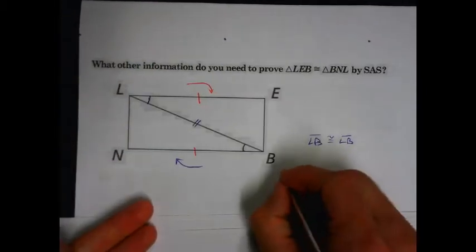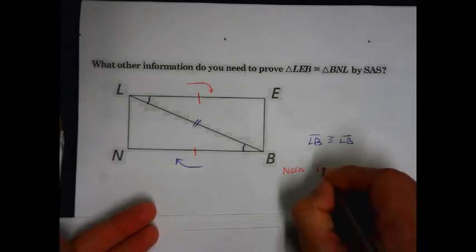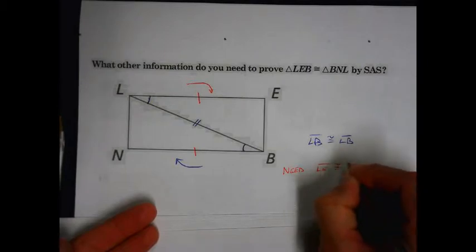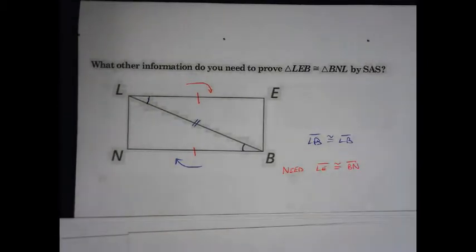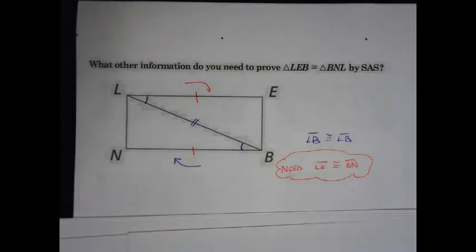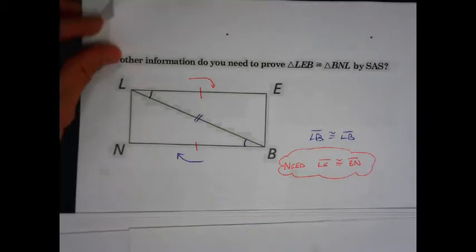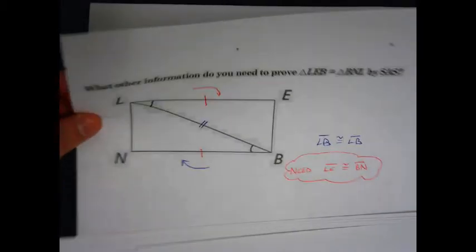We would need to show that segment LE is congruent to segment BN. Okay, that's what we would have to show. That's what we're missing. So with that missing information, we would have our congruent triangles. And that is what side angle side looks like. Okay? Again, too fast, pause, rewind.